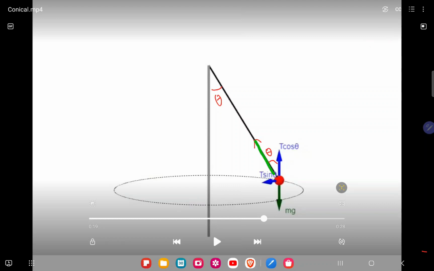This is the tension. The component with the angle takes the cosine, and the one without the angle takes the sine. So we should have here T cosine theta and T sine theta.